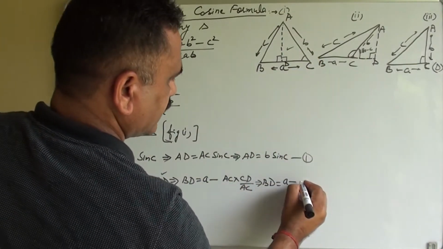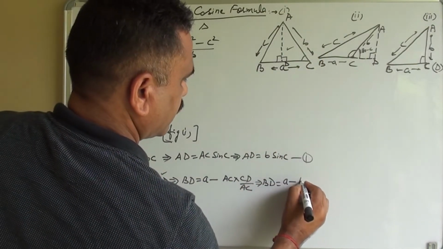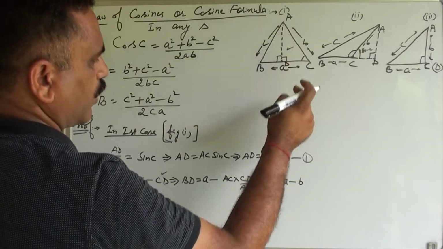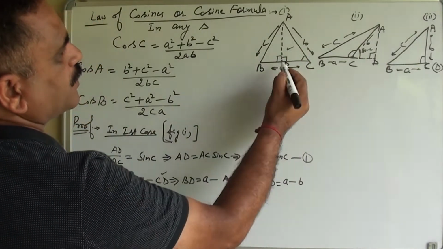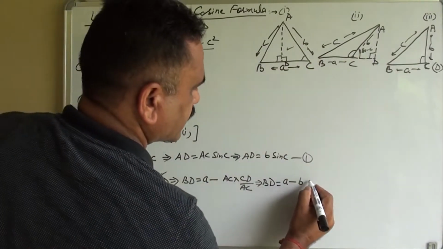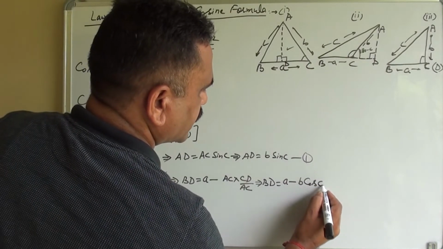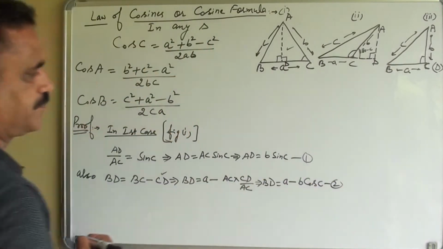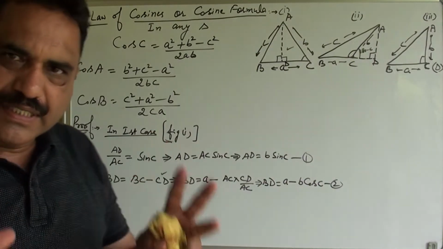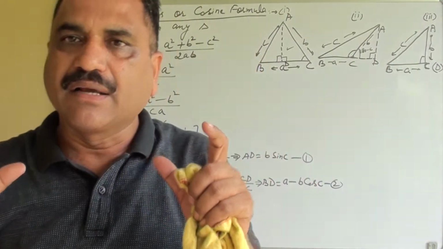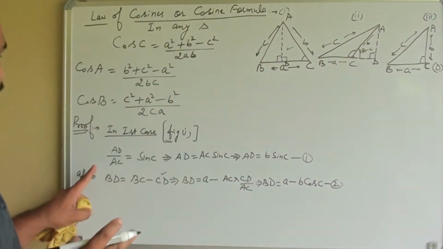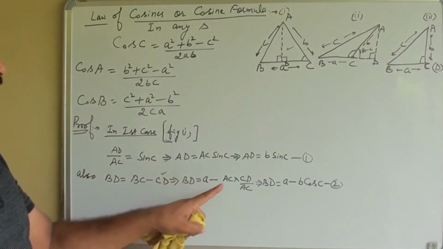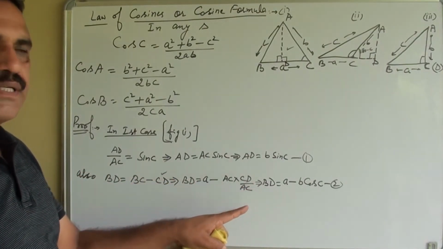Value of AC is B, and what is the value of CD upon AC? Base upon hypotenuse, cos of C. This is 2. So in the first case, we have calculated the value of AD and value of BD.